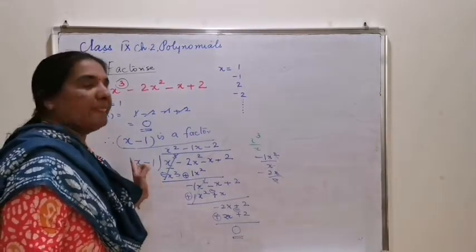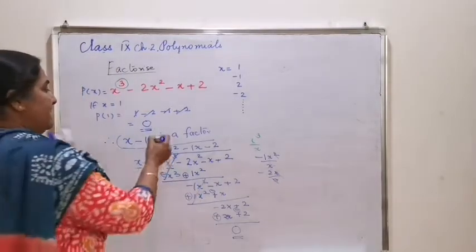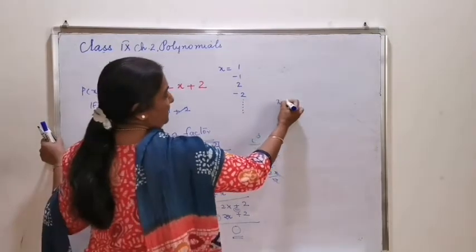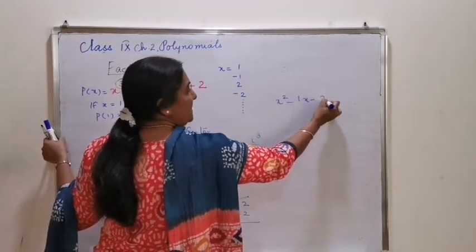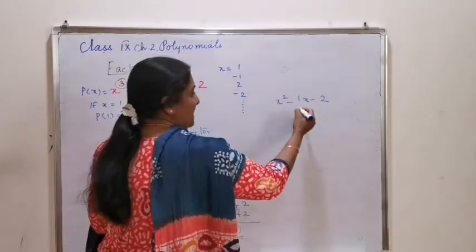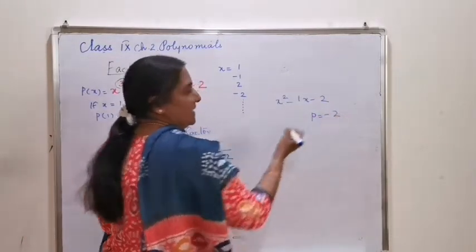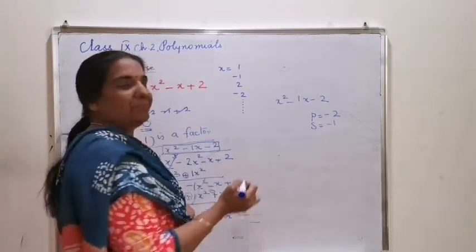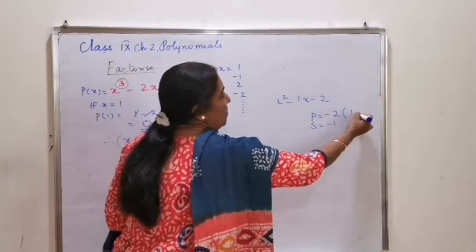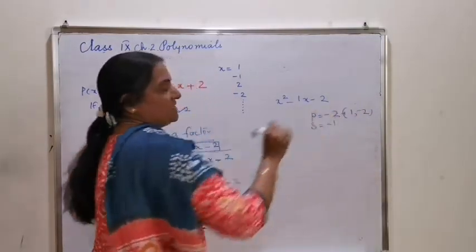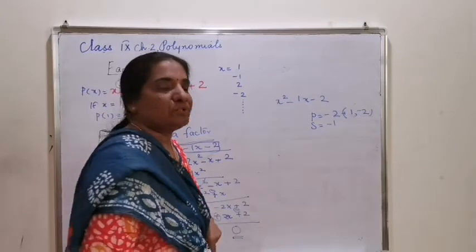The third step is to factorize x square minus 1x minus 2 by splitting the middle term. The product is equal to minus 2, and the sum is equal to minus 1. The factors are 1 and 2, and 2 will have the negative sign and 1 will have the positive sign.